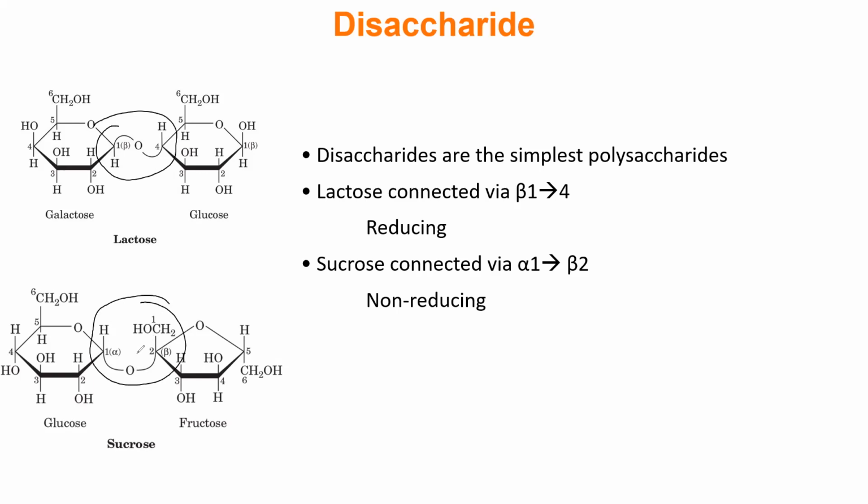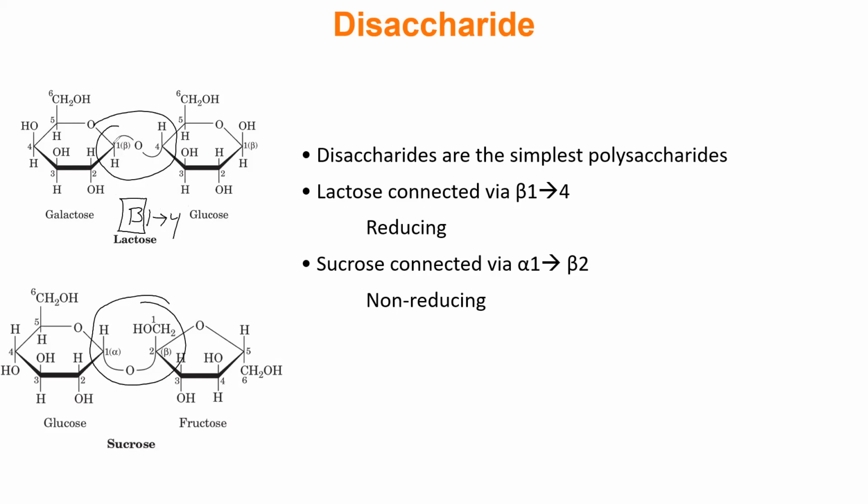So let's look at how we name the bonds that connect disaccharides. So let's start with lactose. And this is called a beta 1,4 connection. Let's look at why this is. First, we have our anomeric carbon being part of a bond. If your anomeric carbon is involved in the bond that connects disaccharides, you have to tell me if that anomeric carbon is either alpha or beta.